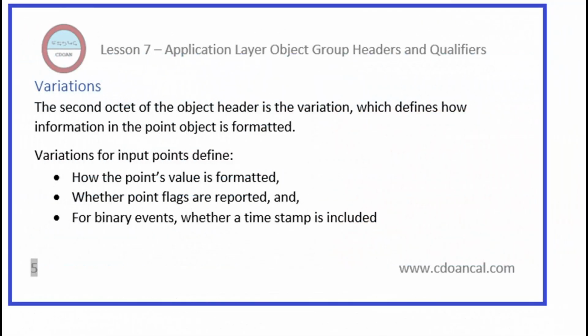The second octet of the object header is the variation, which defines how information in the point object is formatted. Variations for input points define how the point's value is formatted, whether point flags are reported, and for binary events, whether a timestamp is included.